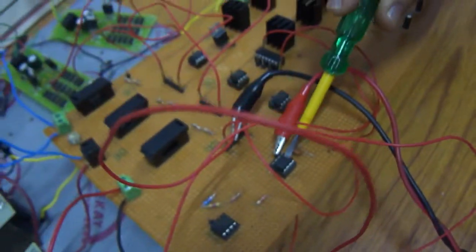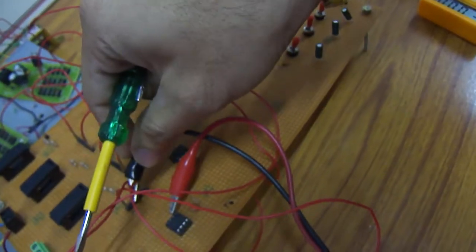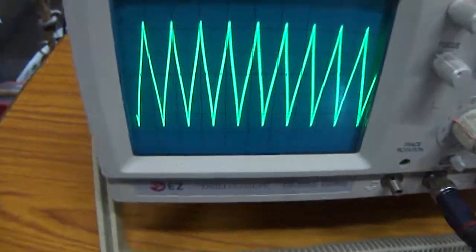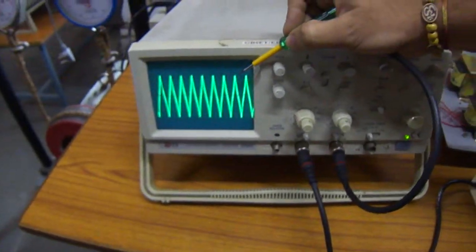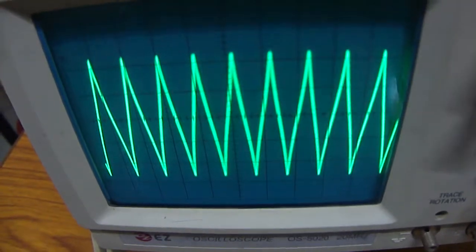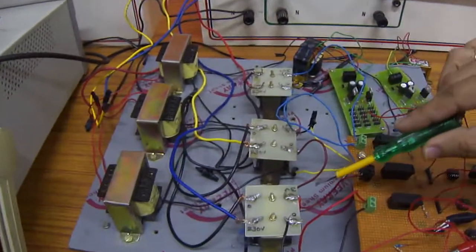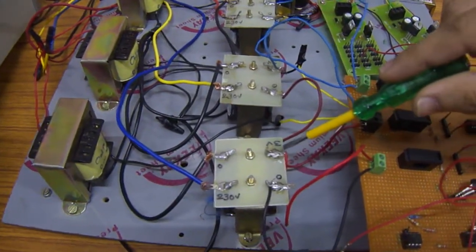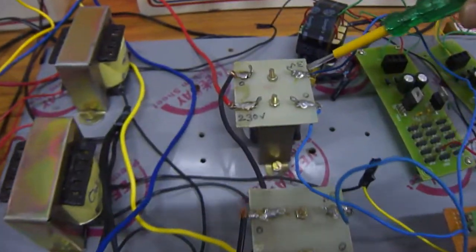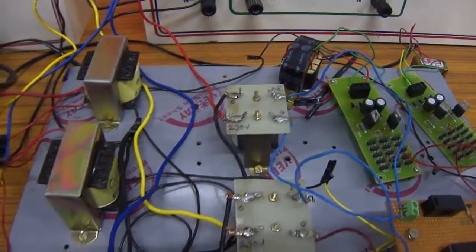By this summation, we can get the triangular wave as output, like this: amplitude of 2.5 volts, frequency of 2 kHz. And we are taking the sine wave from the three-phase supply, of 3 volts, in order to compare with the triangular wave.